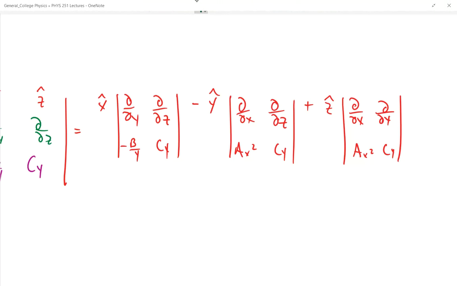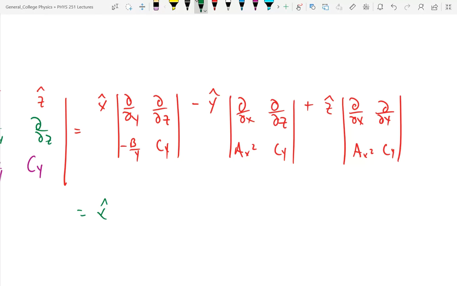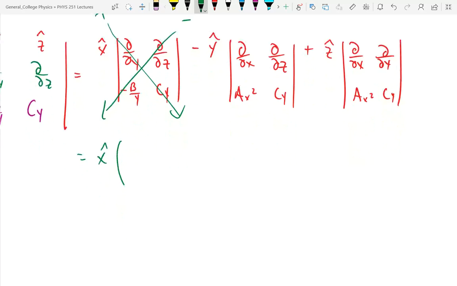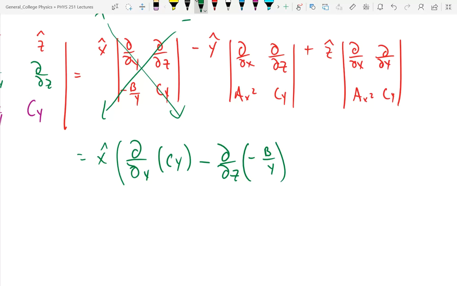And now we have to do our math. X hat times. So when you're doing the determinant, you go like this, minus like that. So it's going to be d dy acting on cy minus d dz acting on minus b over y. So there's my first term.